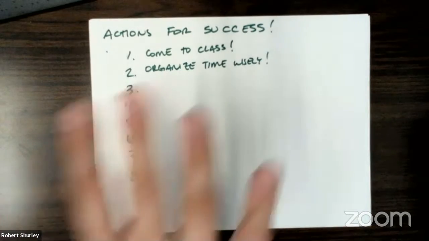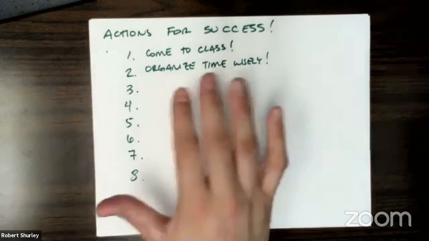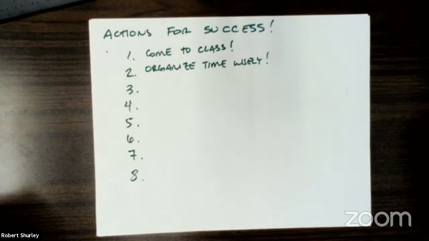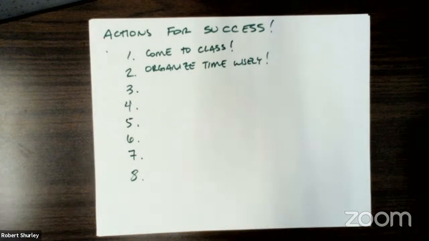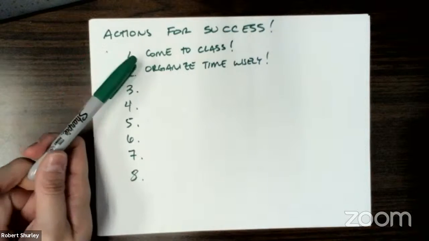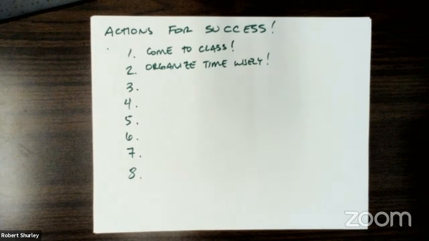So you have to really make your time in this class a priority, whether it's when they're asleep or when they're somewhere else, but you've got to set aside time to do exactly what you said, to make this class a priority. And not just this class, but other classes. So come to class, organize your time, so you're not just showing up and listening. You also set aside time to do the work. Zoom is very hard. Oh man, me too.